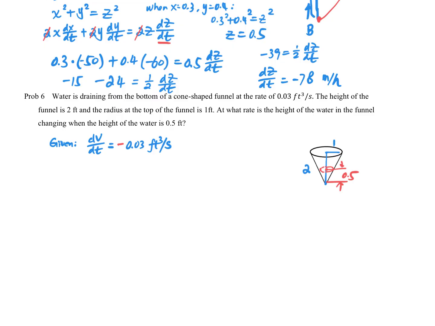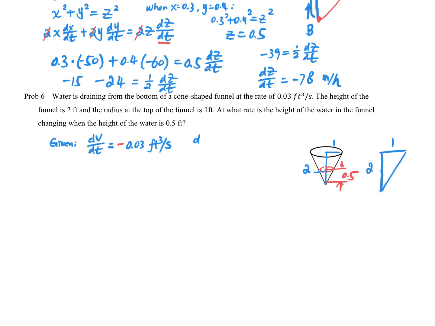And what else? Of course, we know the shape of this cone, and we want to find how fast the height is changing when the water level is 0.5 feet. So in other words, let's label the height at any moment as h. I'm going to draw this: this is my radius, this is 1, this is 2.